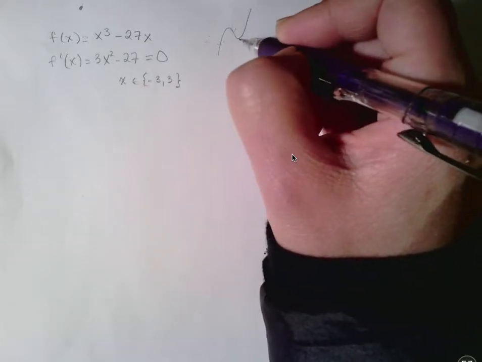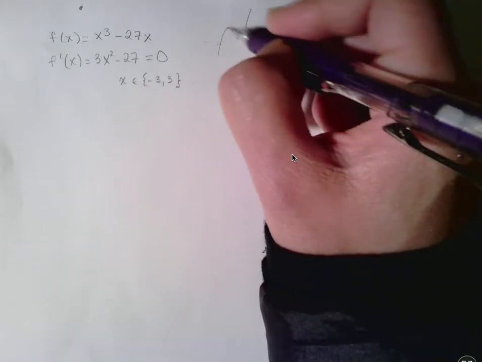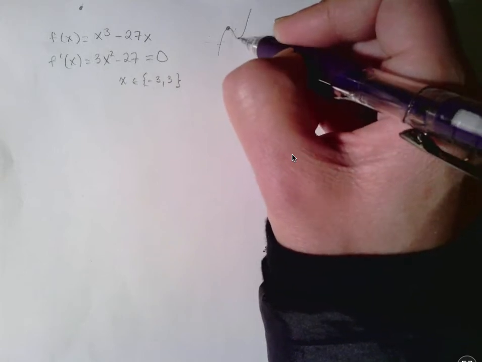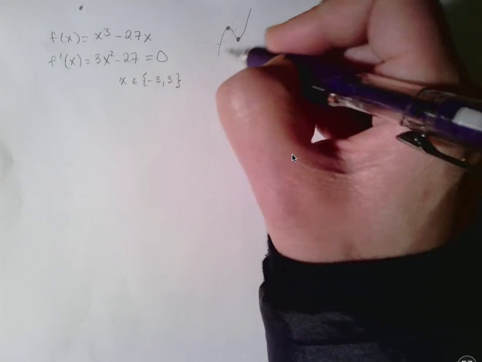Great. So we can put coordinates on the local max and local min. The x coordinates are negative 3 and 3.